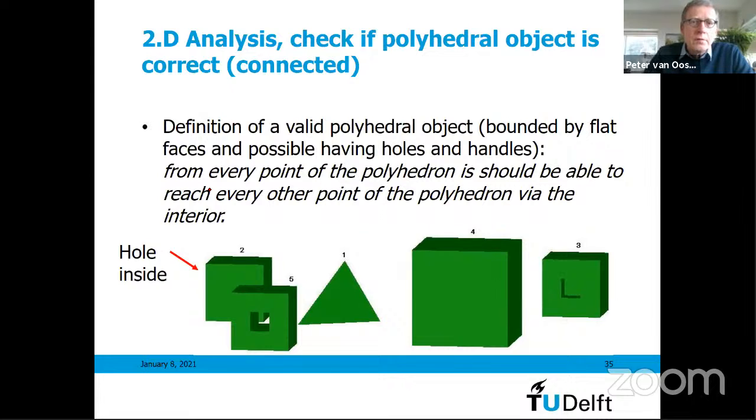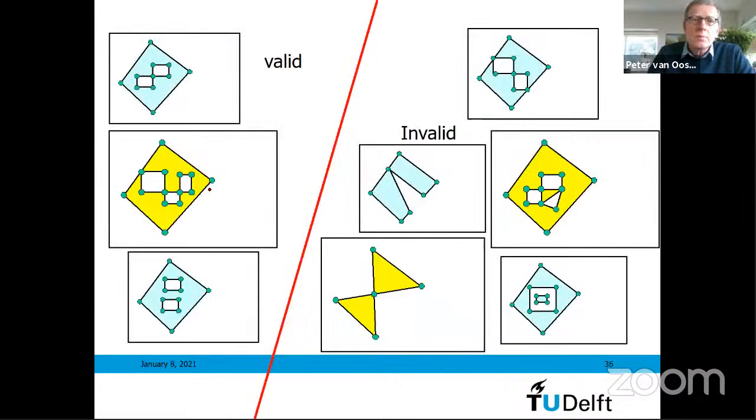That would define a valid polyhedral object, a 3D volumetric object. And it is really hard to implement this test. But if you would have the simplicial complex representation of these objects, then this becomes a rather simple test.